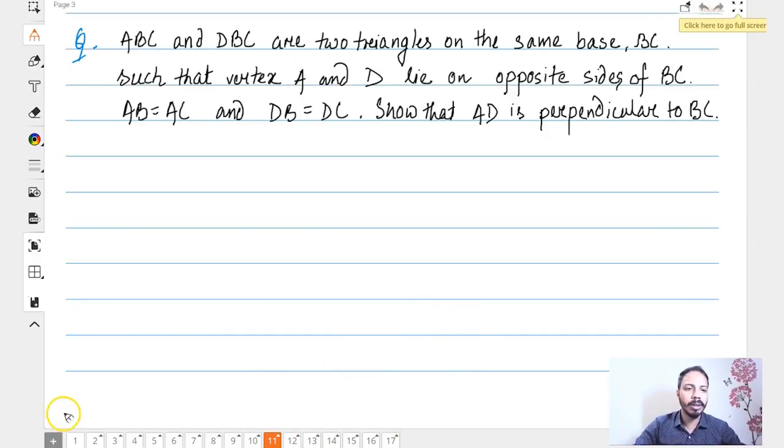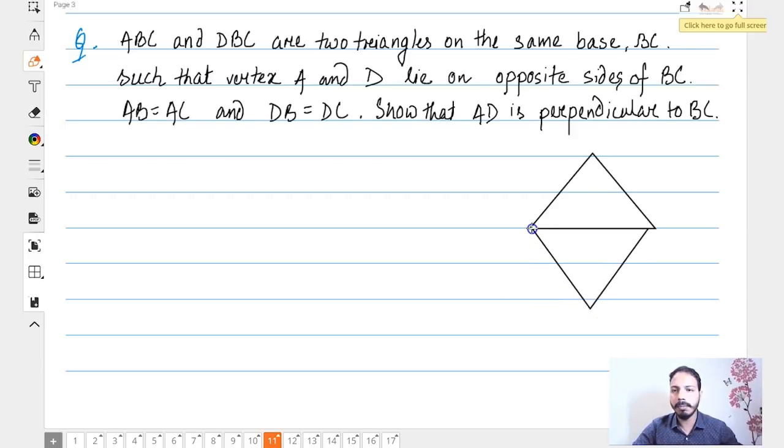In the next problem, it is said that we have two triangles ABC and DBC. These are two triangles with the same base BC. So say I have a triangle ABC and one more triangle with the same base. Let me draw it in a different way so that it doesn't look the same.